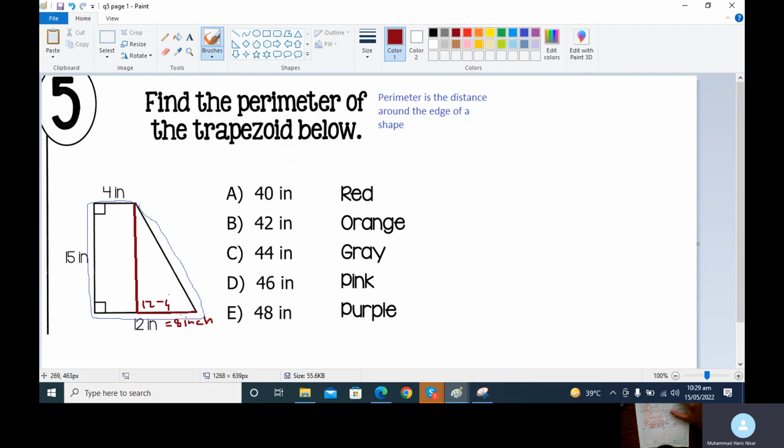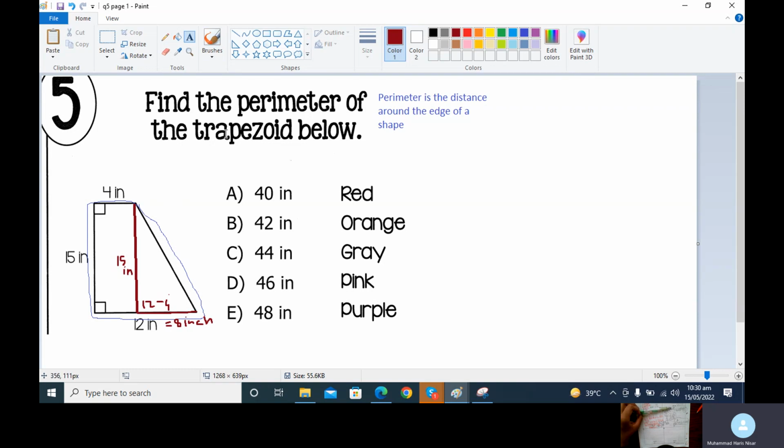Now you have 8 inch this one, and you can see this 15 inch and this is the same. So this is also 15, and we need to know this length now. This slanting one. Now you can see this shape is a triangle, and a triangle has base, altitude, or hypotenuse. So we need to find the hypotenuse. By Pythagorean theorem you can find it, isn't it?